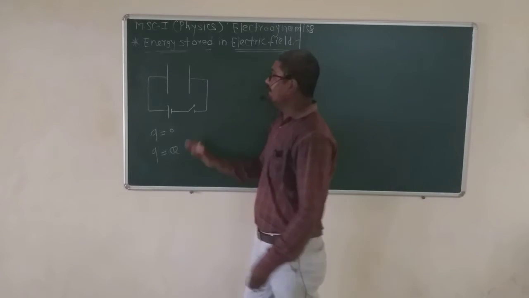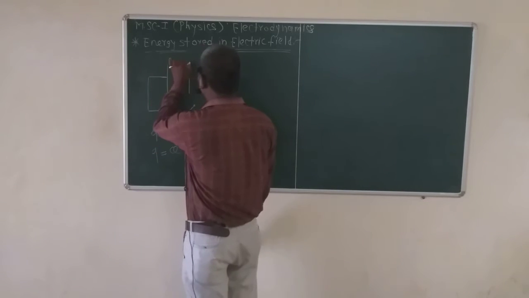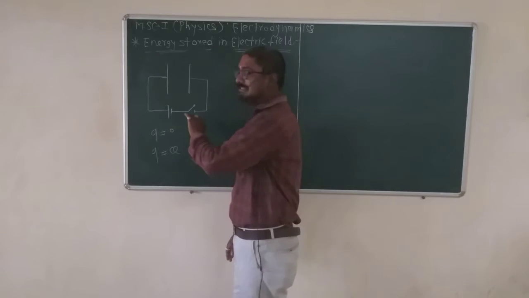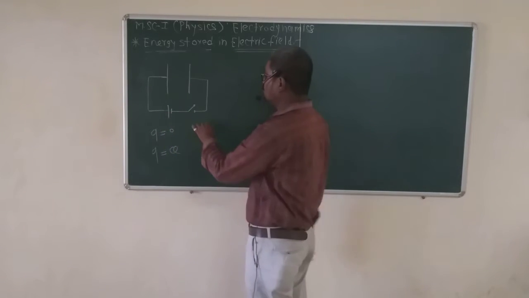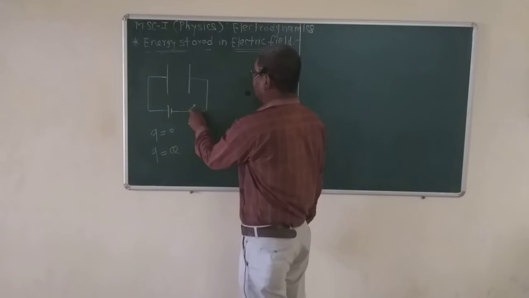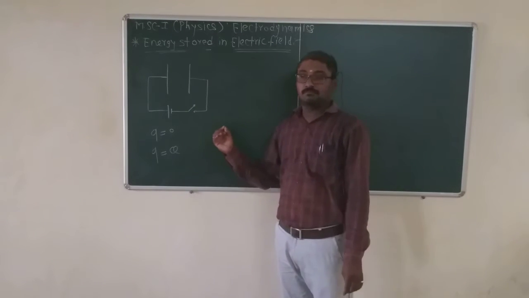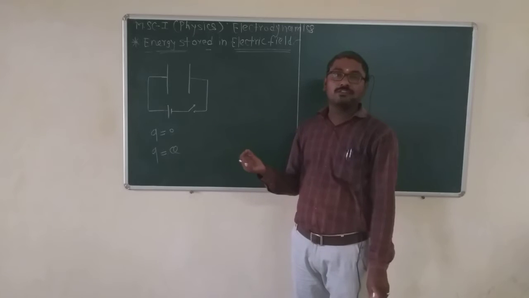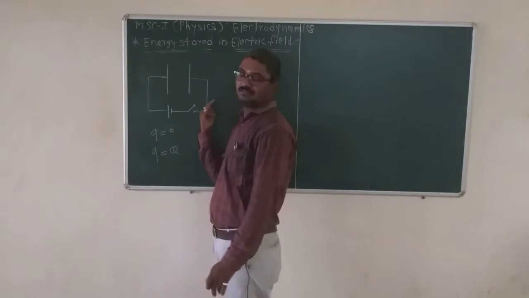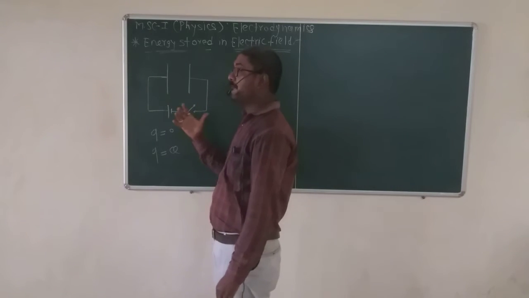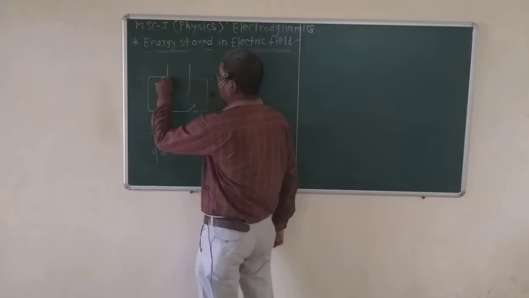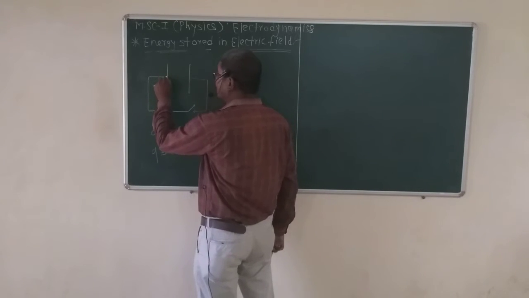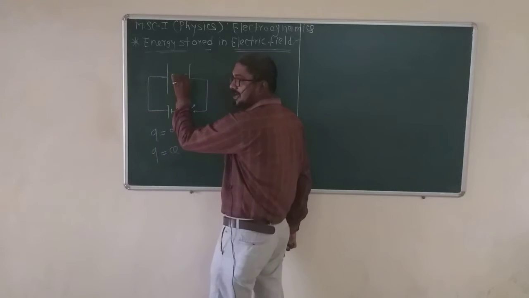Then let's see the figure. These are the two parallel plates of the capacitor, connected to the source, that means a battery or cell, through a tap key. When the key is pressed, that means the switch is on, then current passes through the capacitor. Current passing means charge or electrons transfer from one plate to another plate.